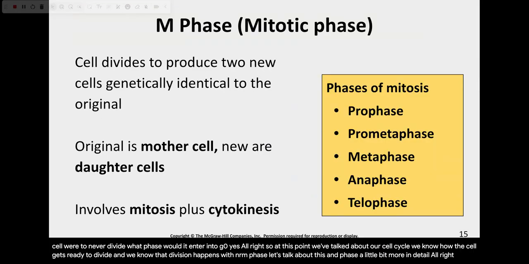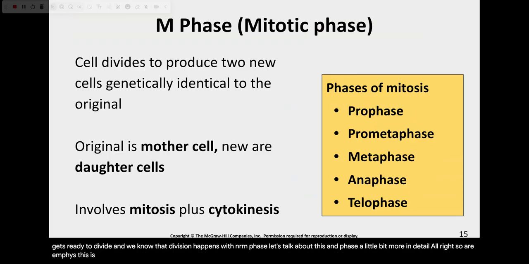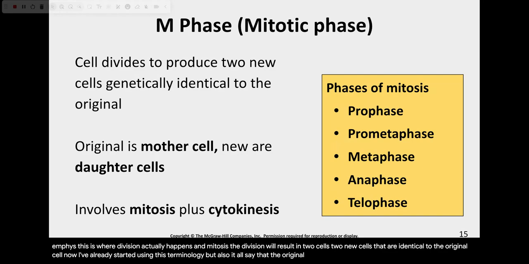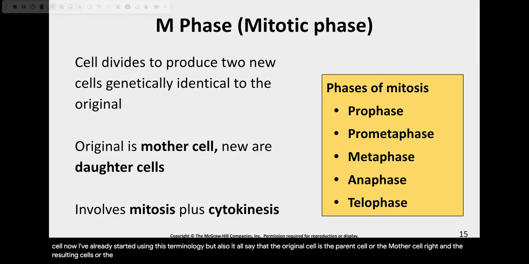All right, so our M phase, this is where division actually happens. And in mitosis, the division will result in 2 new cells that are identical to the original cell. Now, I've already started using this terminology, but often I'll say that the original cell is the parent cell or the mother cell, right? And the resulting cells are the daughter cells.